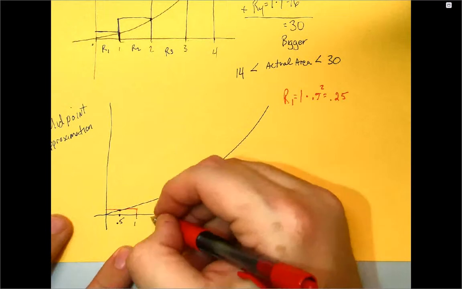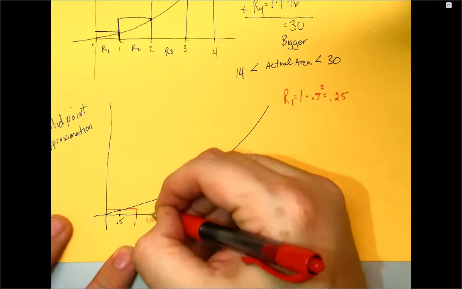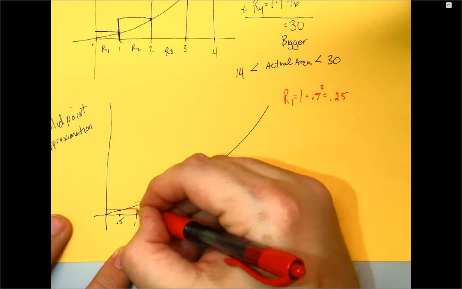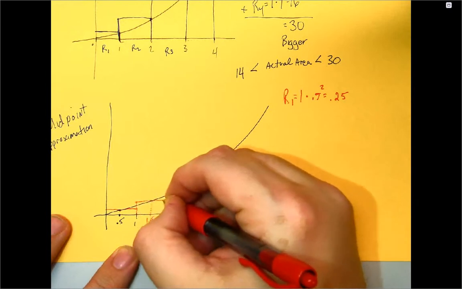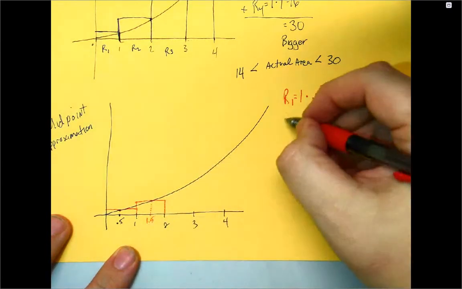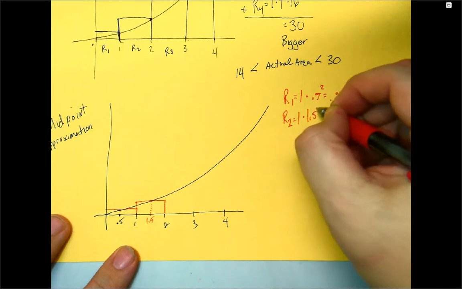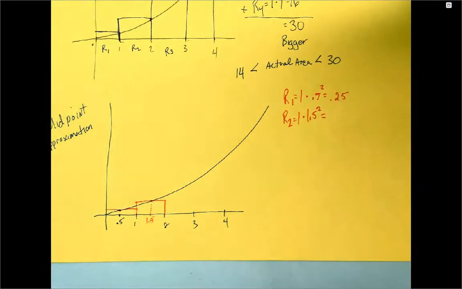So I'm going to take that to the graph, and I'm going to create the rectangle. Now, what's 1.5 squared? That's 2.25.